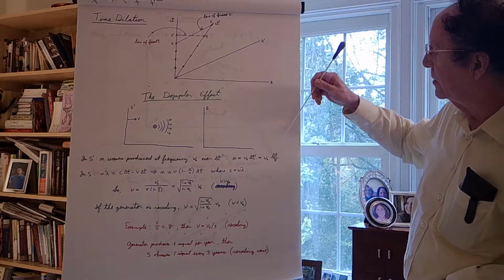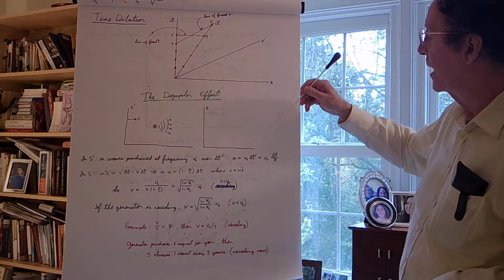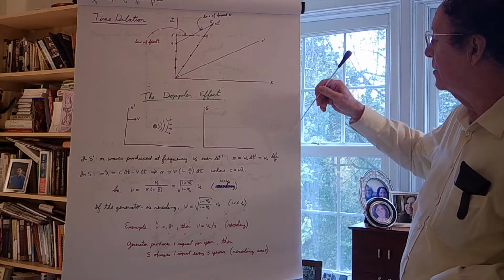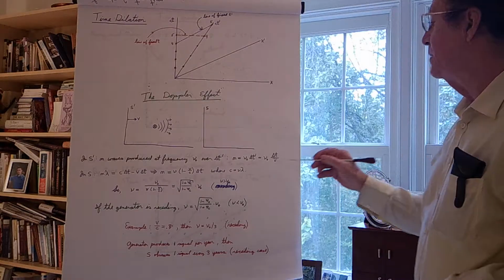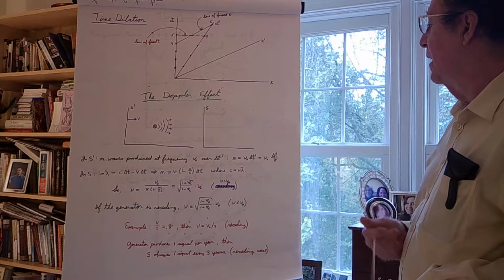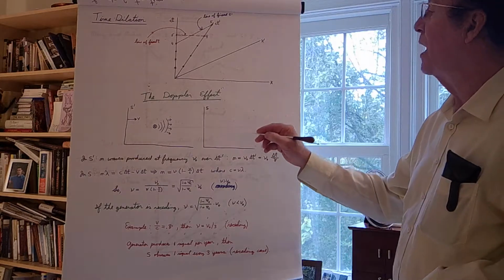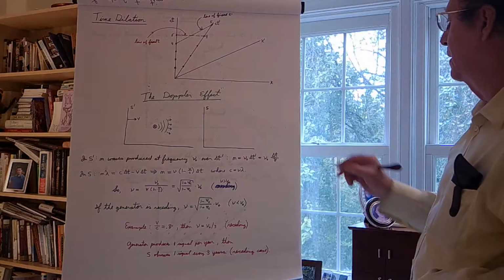So delta t is gamma times delta t prime, or in other words, delta t prime is delta t over gamma. I'm just applying time dilation, but I'm being careful to understand that the time which is getting dilated is the proper time, delta t prime. So I write it down here.